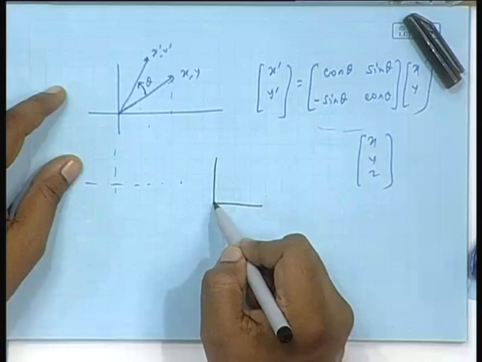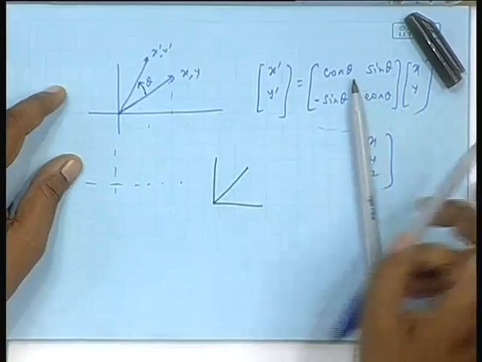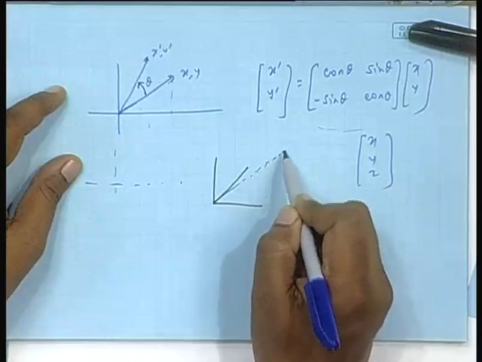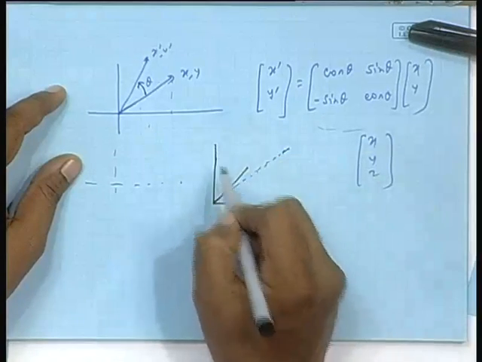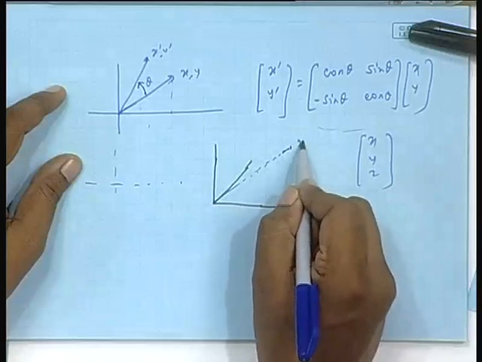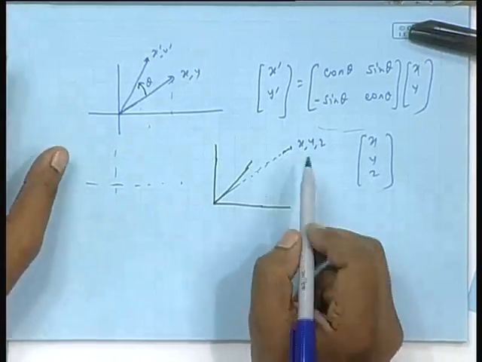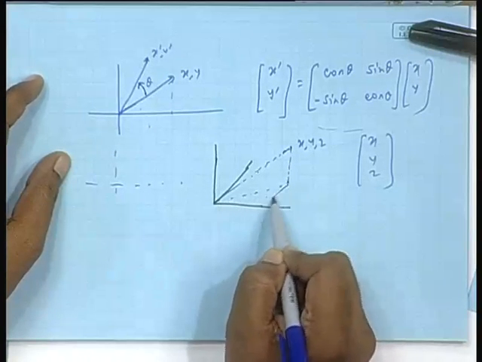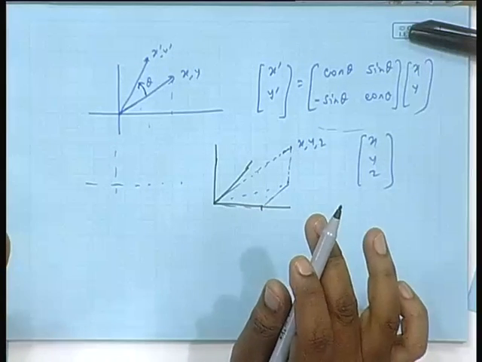Suppose I have a situation like this. There are 3 axes and there is one vector given. I do not draw these diagrams very nicely, that is my problem. Suppose it is given x, y, z. You project it here. This much is x, this much is y, this much is z.